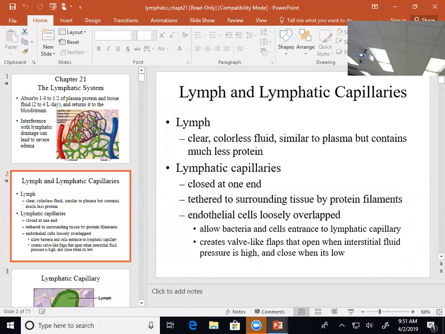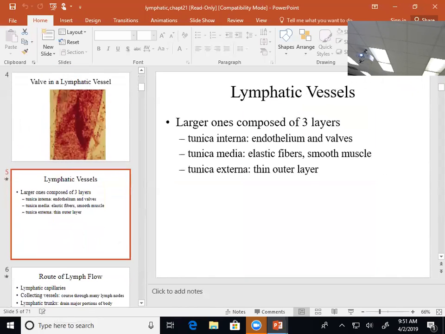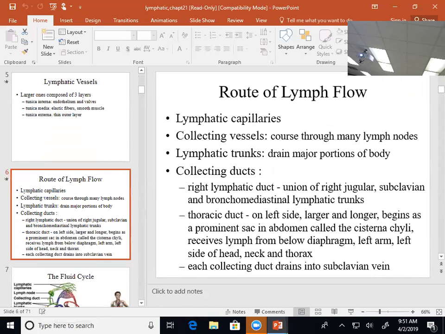You know what lymph really is? It's the fluid that's bathing our cells. And lymph is then going to feed into these lymphatic capillaries. I need y'all to kind of picture this. You can see an actual picture of a lymphatic vessel, because they really aren't green, obviously.